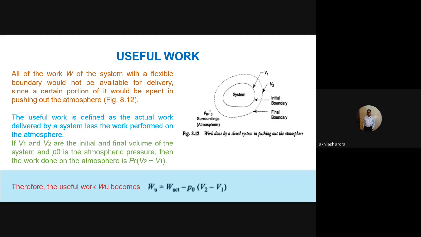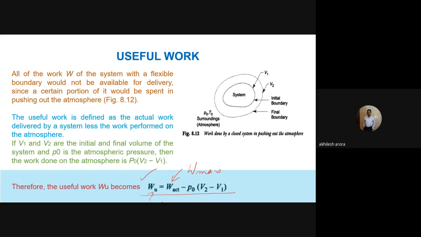The work done to move the atmosphere outside is not available to us, so that has to be subtracted from the maximum work to get the useful work. That is the equation: W useful is equal to W actual minus P naught (V2 minus V1). And if we replace W actual by W max, then we get W useful max.